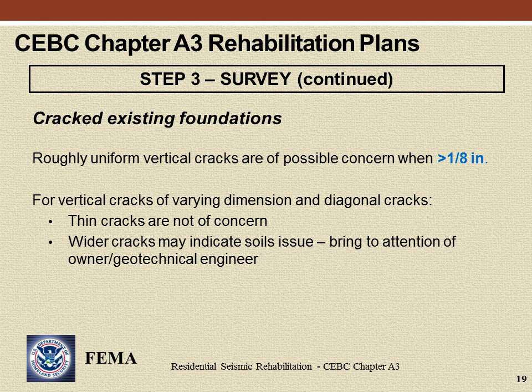Vertical cracks that have approximately uniform width in a concrete foundation are often due to concrete shrinkage, and they are only of possible concern if more than 1/8 inch wide. Vertical cracks of varying dimension and diagonal cracks are often due to differential movement of the foundation, settlement, soil creep, expansive soils, etc. Thin cracks are not of concern, but wider cracks may indicate a soils issue that should be brought to the attention of the owner or of a geotechnical engineer.